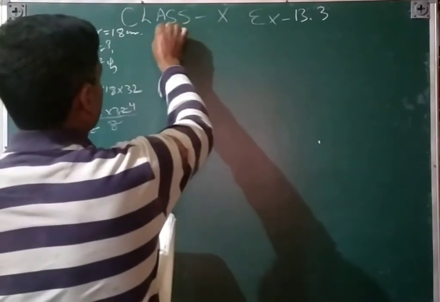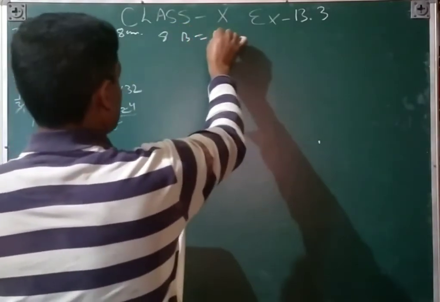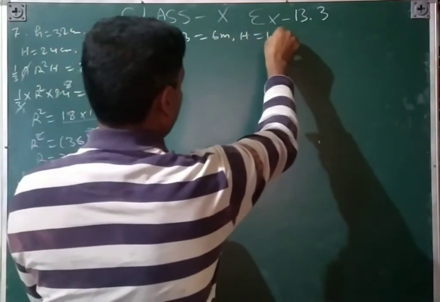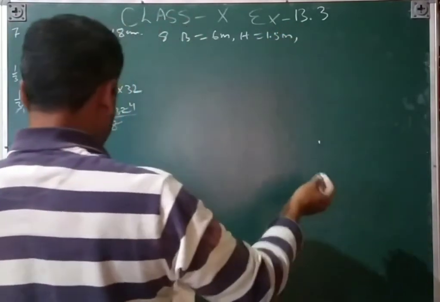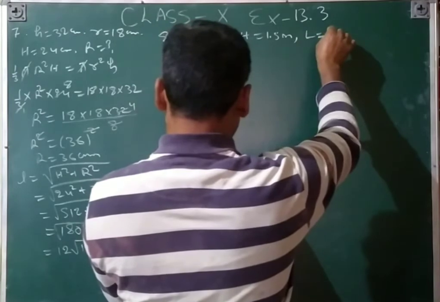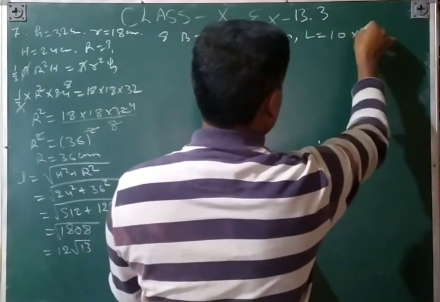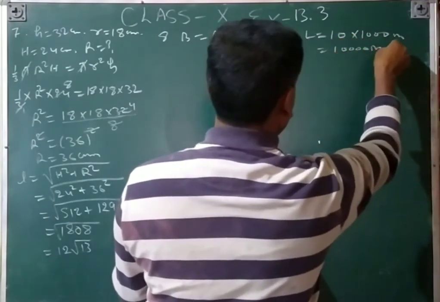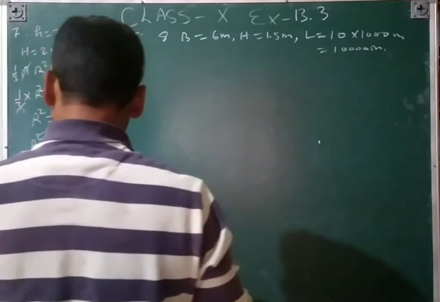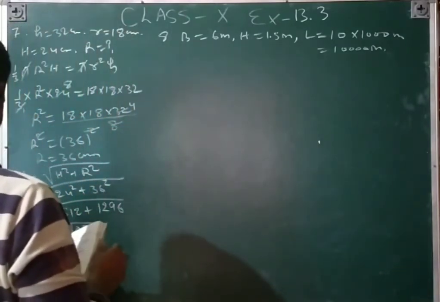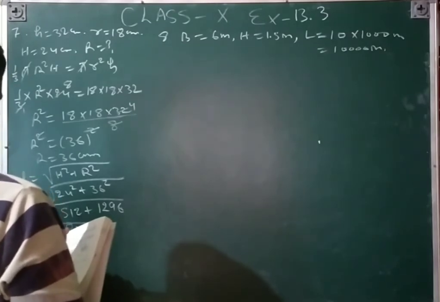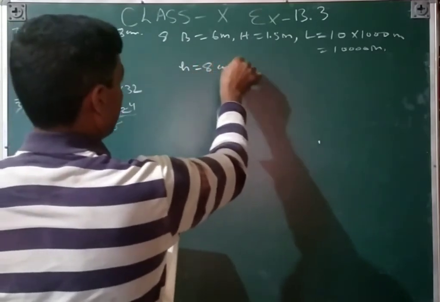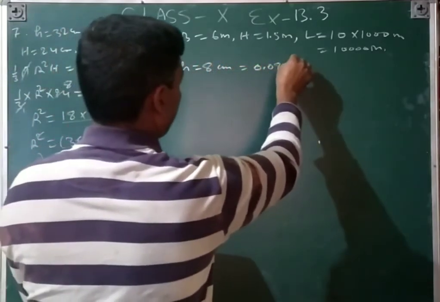Wide means breadth is equal to 6 meter, and deep means height is equal to 1.5 meter, and then flow is a length, so length is equal to 10 km, which is 10 into 1000 meter, so that will be 10,000 meter. Now how much area will be irrigated in 30 minutes if 8 centimeter of water is standing, so that height is 8 centimeter, equal to 0.08 meter.